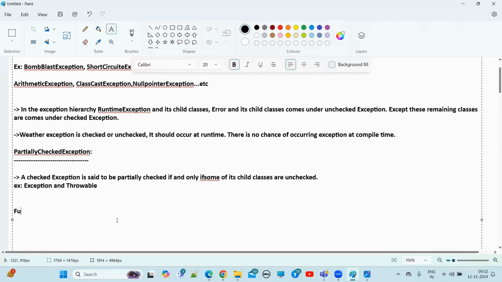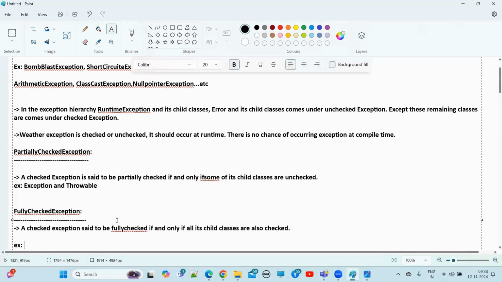Now fully checked exception. Tell me what are the examples. IOException. IOException is what? Fully checked exception. Right?